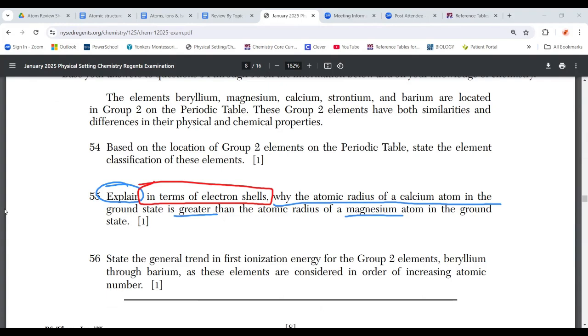And you're done. That's the whole answer to the question. Because you brought up the number of electron shells, you answered the question. If you were to just write, well, calcium is larger than magnesium, you're wrong. And you also repeated something they already said in the question. So you're just going to annoy the person who's scoring your exam.